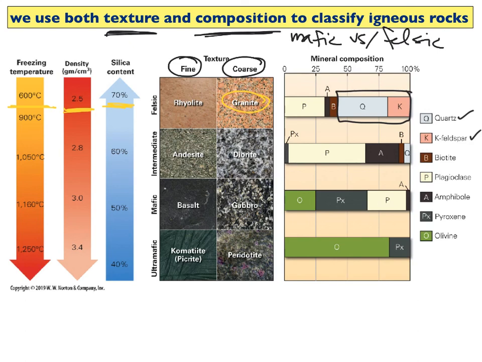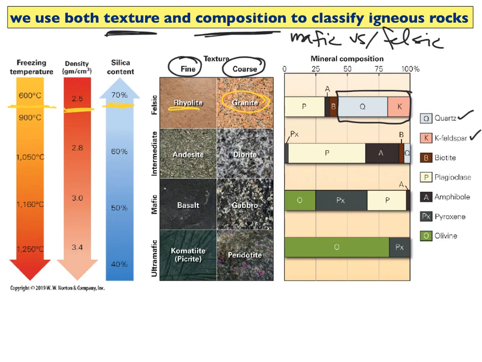Okay, so you're going to produce these light colored rocks that have abundant felsic minerals in them. That light colored felsic rock, if it's coarse grained and cooled intrusively, would be called granite. If it's fine grained and cooled from a lava, we would call it rhyolite.